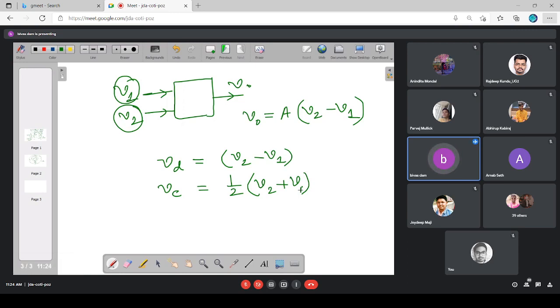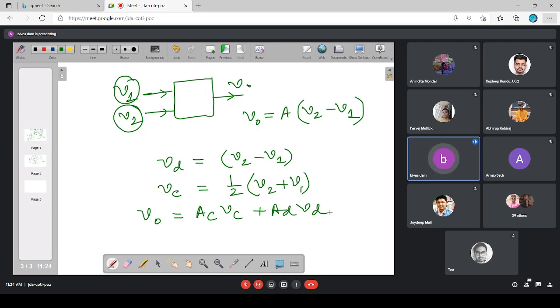So this VC is the common part of V1 and V2, and VD is the difference part of V1 and V2. Now, when you are amplifying, the net output will be AC into VC plus AD into VD.